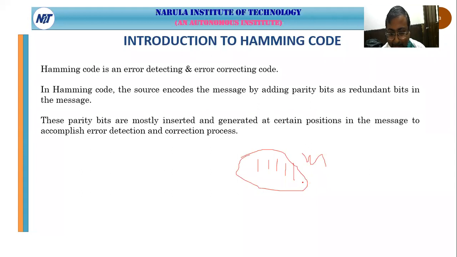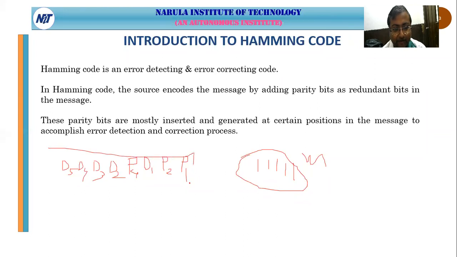So now this is P1, this is P2, that is, this is the 2 to the power of 0 form, this is the 2 to the power of 1 form, then this is D1, D1 means message bit 1, then P4, this is the 2 to the power of 2 form, then D2, then D3, then D4, then D5. So this will be the Hamming code length.